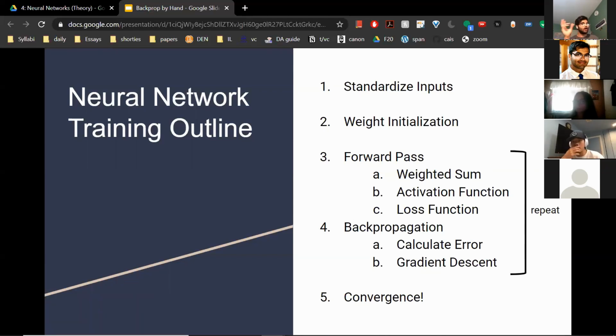It's like taking 100 examples from your data set and passing in the average of these 100 as an example and updating that way. That's the difference between stochastic gradient descent and vanilla gradient descent. You just keep repeating those steps and then you eventually converge. And that's all there is.